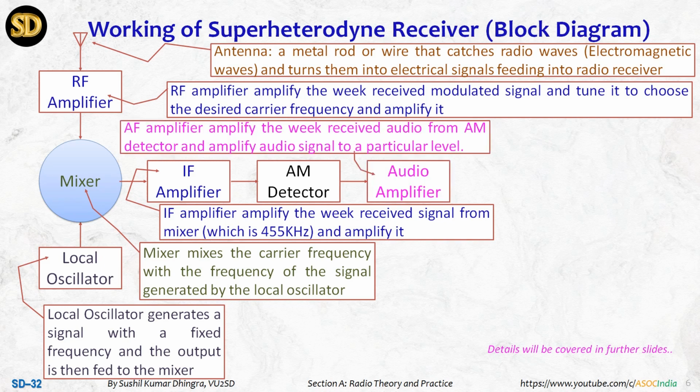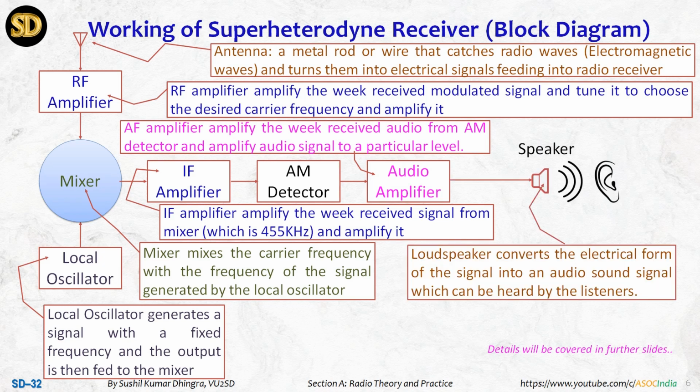So going next, the audio amplifier. The AF amplifier amplifies the weak audio signal received from the AM detector to a particular level. And last, the loudspeaker or speaker will convert the electrical signal into an audio sound signal.